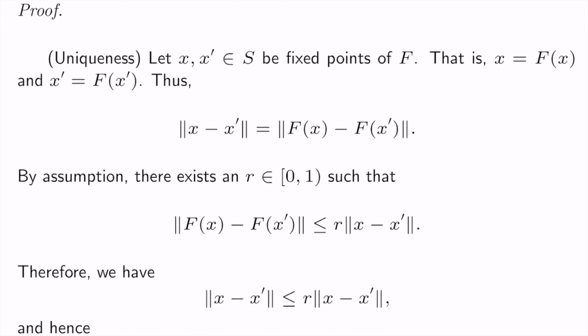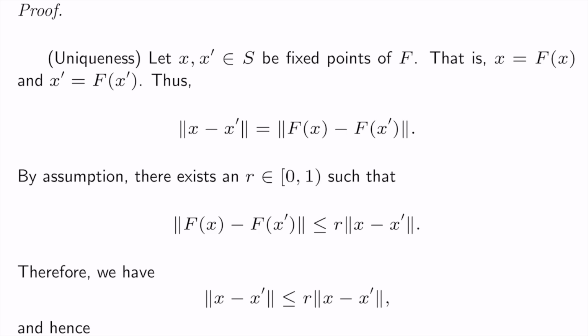The usual way to prove uniqueness is to assume there are 2 such things, right? For example, x and x prime, suppose they are the fixed points of F. Then we eventually show that they are actually equal, okay? This is a basic technique to prove uniqueness.